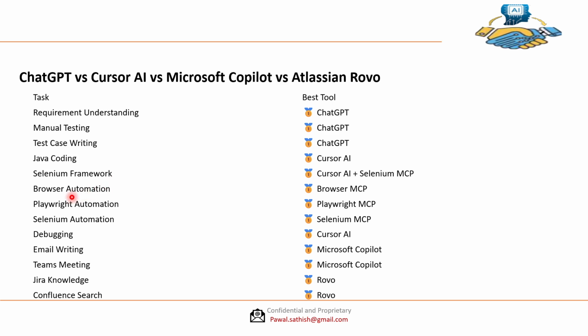For browser automation, definitely we'll go ahead with the browser MCP. In case we are using Playwright automation, then we'll go ahead with the Playwright MCP. For debugging, Cursor AI is very useful. For email writing, Teams meeting, we'll go ahead with the Copilot. For Jira knowledge and Confluence, Rovo is the best tool.